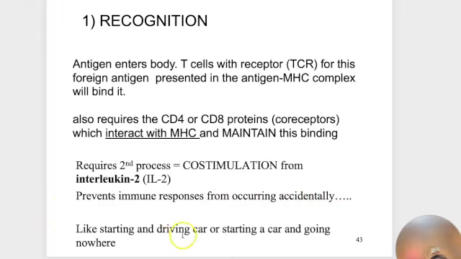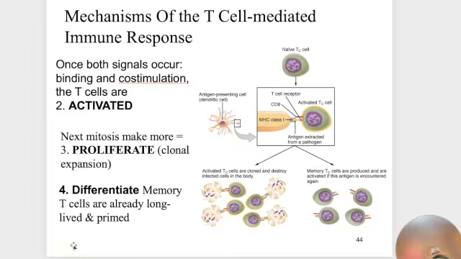It's like starting a car and going nowhere. Here it is again. Once both signals occur, it activates and proliferates, makes a whole lot. Okay. Differentiate. Memory T cells are long-lived and primed, ready to go when exposed again.